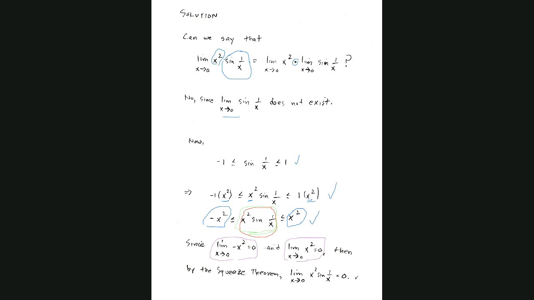And that's what we call the squeeze theorem. Because the function we're interested in got squeezed between negative x squared and positive x squared, a left function and a right function, and the limit of those outer two functions as x approaches 0 is 0, our function has to approach 0. Absolutely amazing.